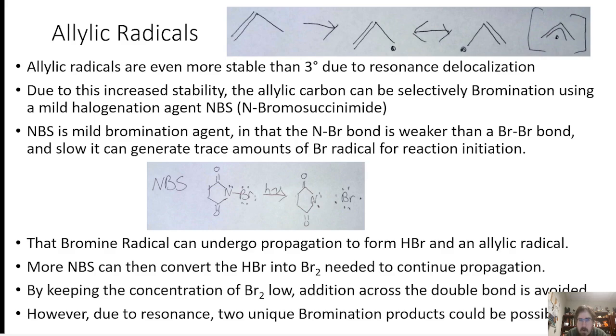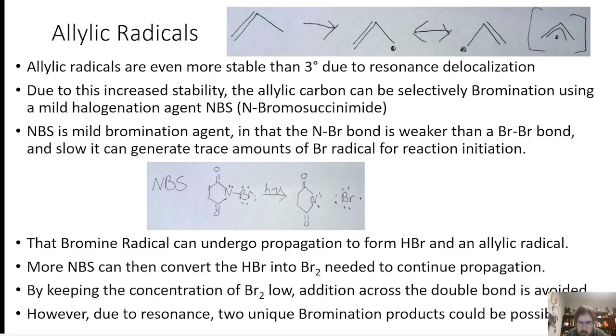So the N-Br bond is weaker than the bromine-bromine bond. And it's very slow when it reacts, so it can generate only trace amounts of the bromine radical species. So we can try to minimize the reaction with other things. The bromine's only going to hit and react with the allylic radical.